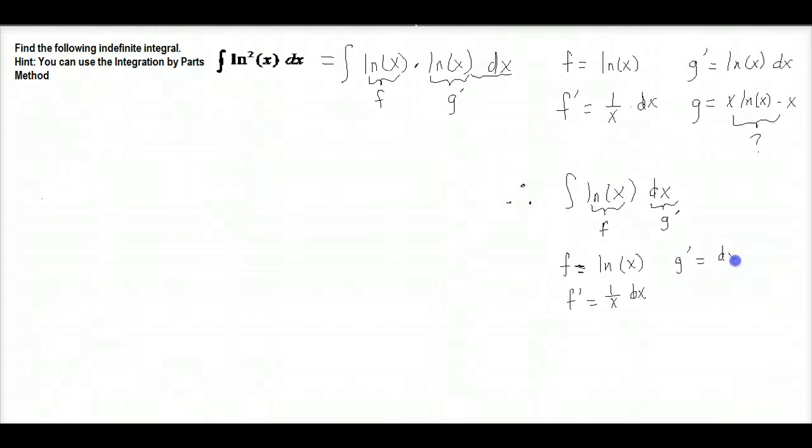G prime is dx, so if we integrate that, that would just be x. And using the formula, again, the integral of f g prime is equal to f times g minus the integral of g prime f.